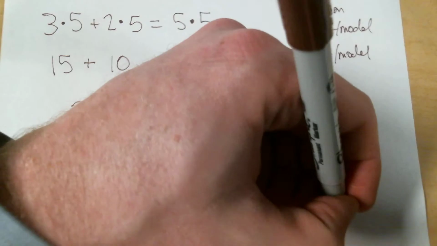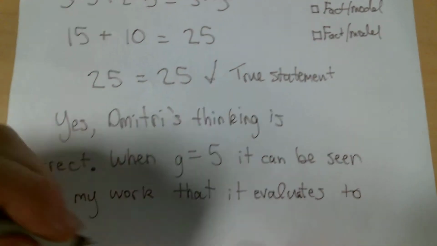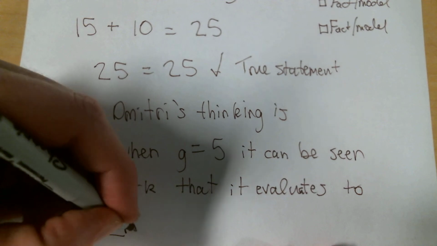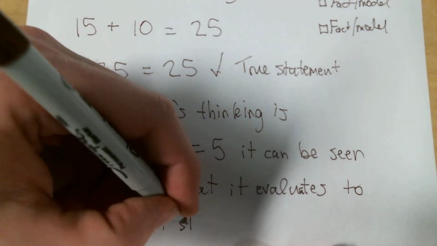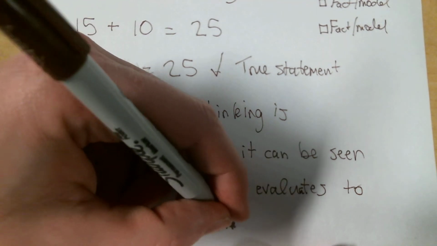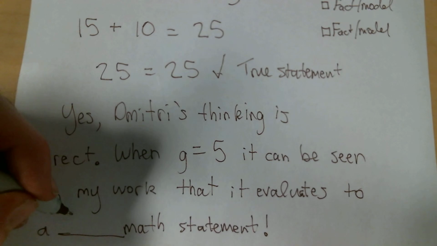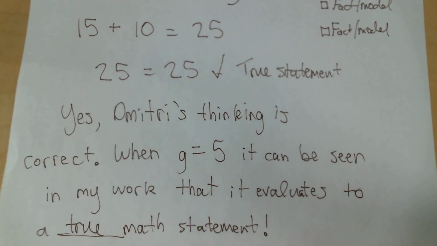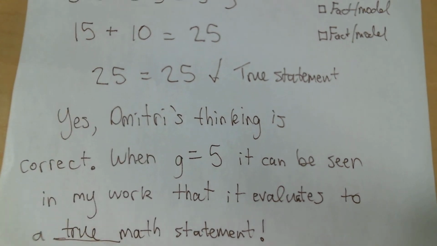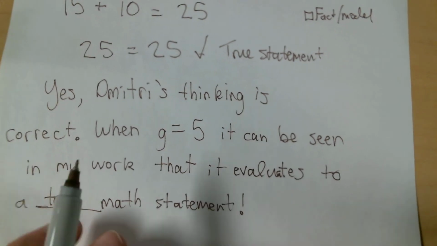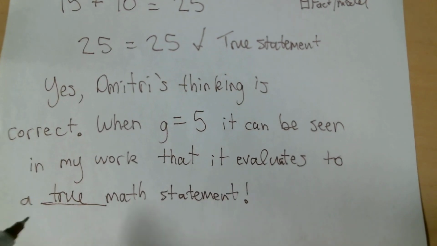It evaluates to a true math statement. What kind of statement did it make? It made a true math statement. And I use the exclamation point, but I'm just kind of zesty about my writing. That's okay. All right, so it can be seen in my work that it evaluates to a true math statement.